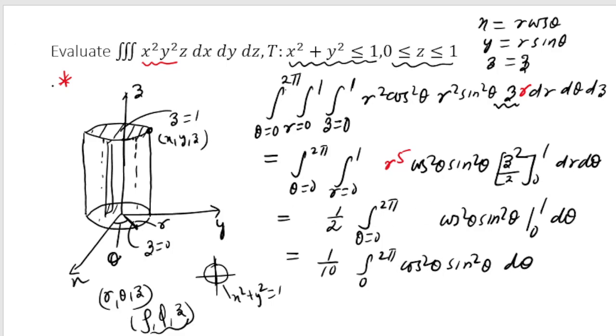So let me use another ink, r to the power 6 by 6. And since it is r to the power 6 by 6, the thing that will come out here will be 1 by 12, 1 by 12 cos square theta sin square theta. I hope you are clear up to this. I have highlighted the mistakes that I have made using the red ink.